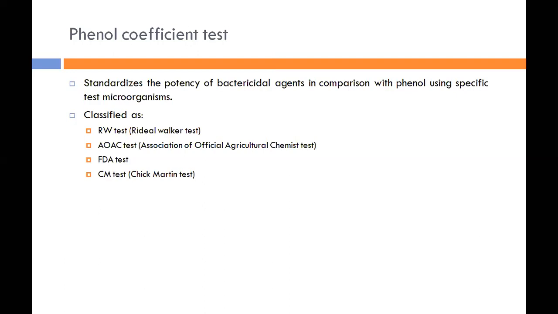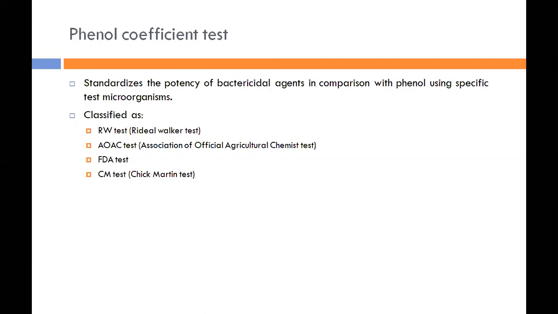Phenol is a broad spectrum antimicrobial agent. It almost kills everything, every kind of bacteria and fungi. Phenol is very effective in killing, and that is why at low concentration it is used as a static agent. At high concentration, you can also use it as a sterile agent.